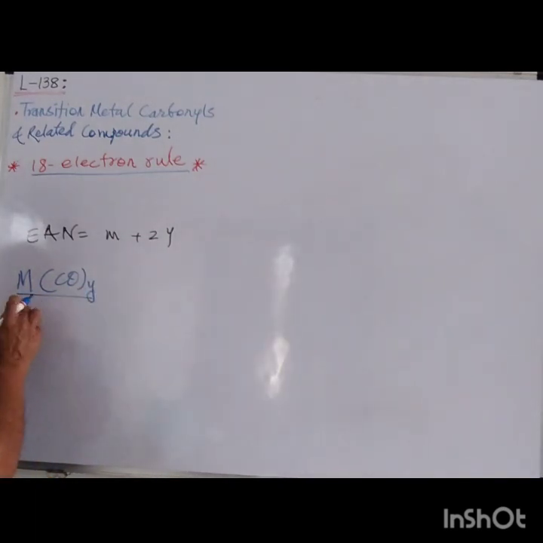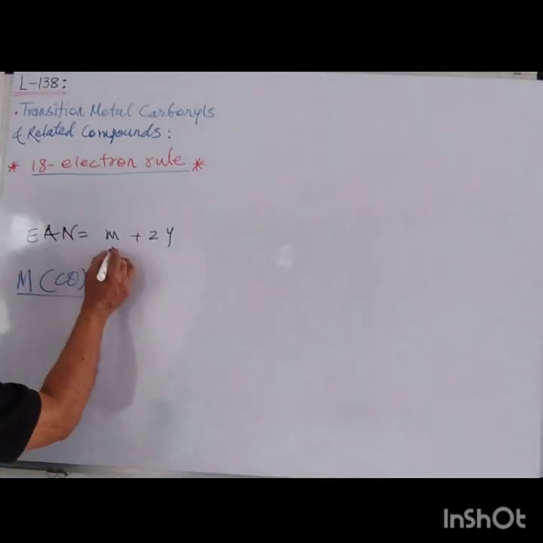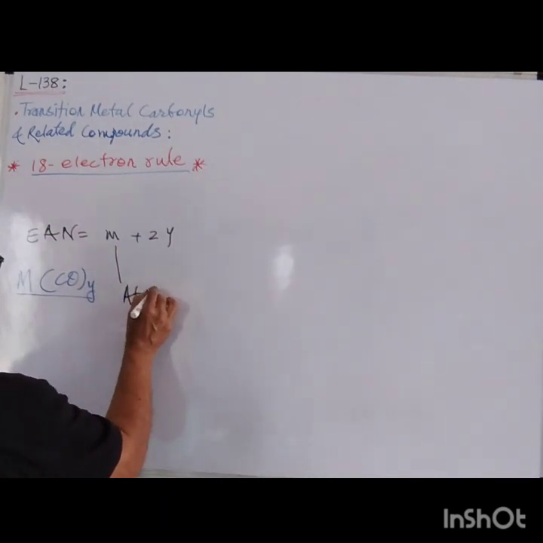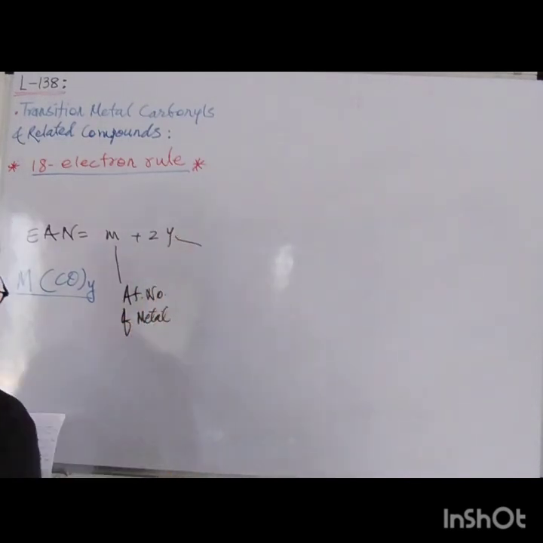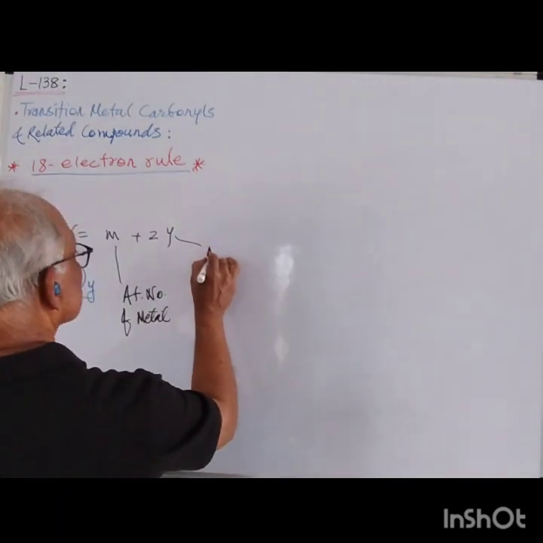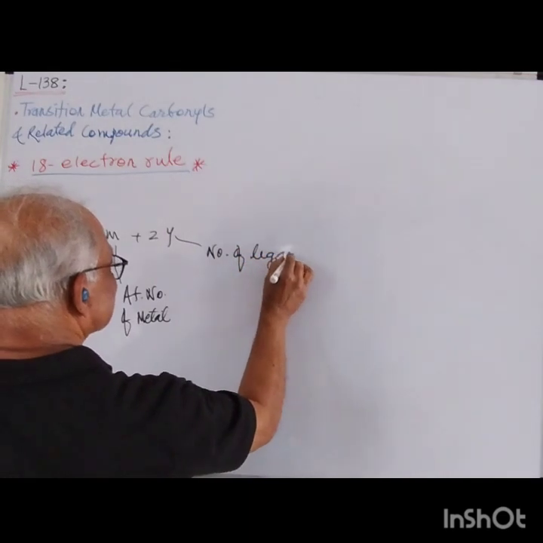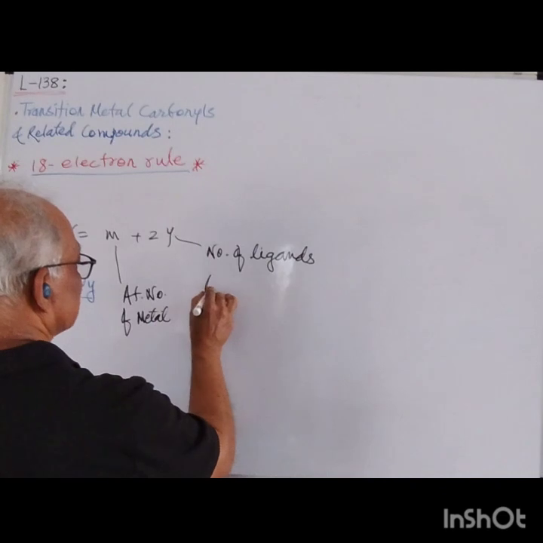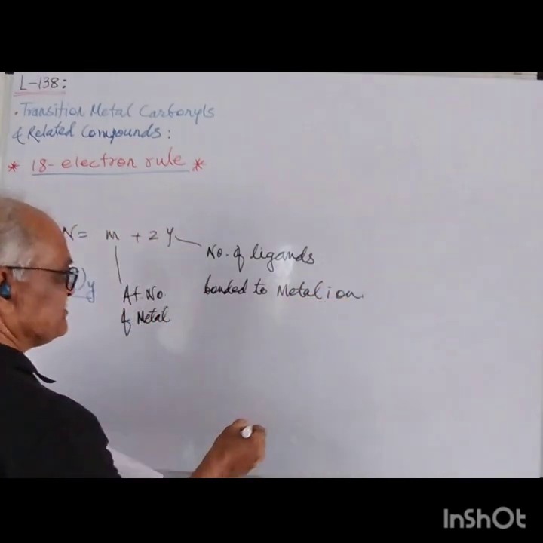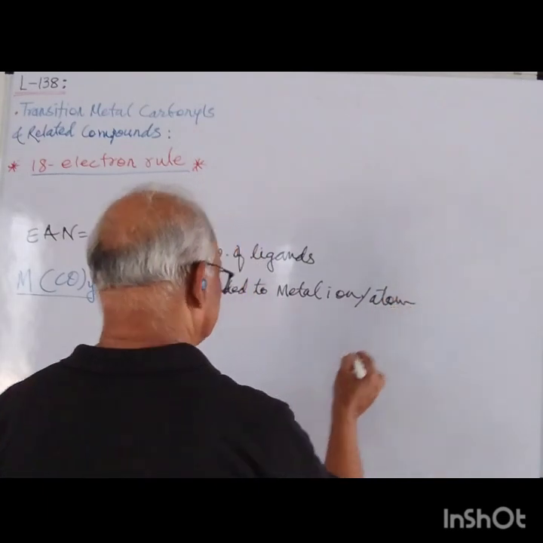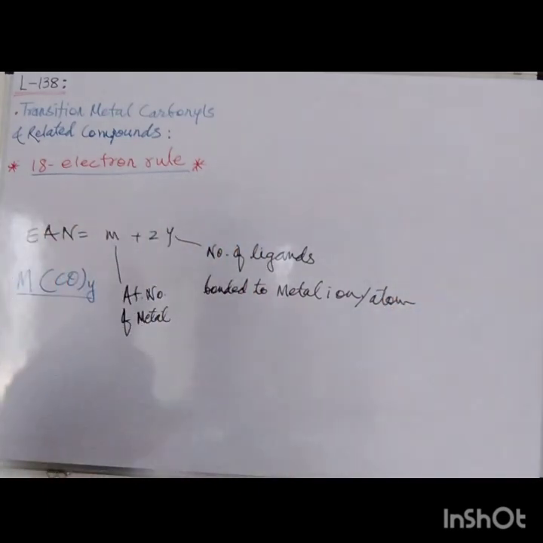Here the complex is mononuclear, and this M indicates the atomic number of the metal, and this Y indicates the number of ligands bonded to the metal atom or ion.